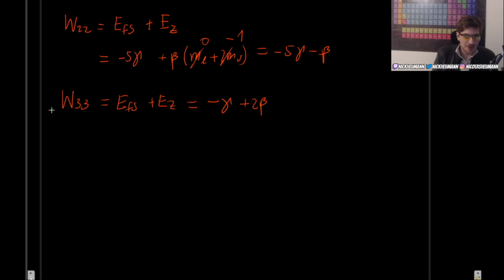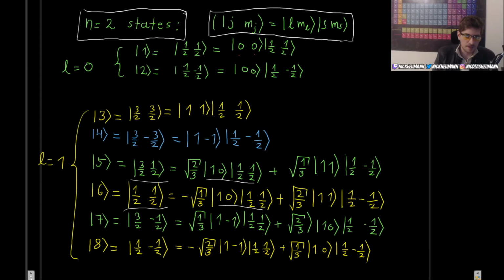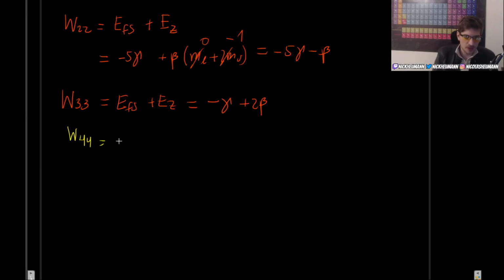Time for W44. Let's change colors. W44. Let's see, what is the fine structure energy? This has a J of 3/2, so it's going to be minus gamma. And then the Zeeman contribution is going to be beta times (ml plus 2ms). What are those values for this state?